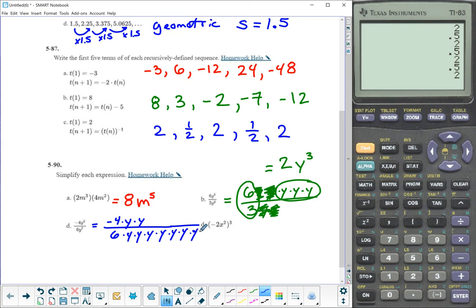Okay, and I'm going to go ahead and cancel my y's out. Okay, but 4 and 6, I can divide each of them by 2. Negative 4 divided by 2 gives me negative 2 left over. 6 divided by 2 gives me 3. Okay, and if you look here, I have 1, 2, 3, 4, 5 y's left over, which is on the bottom. So y to the fifth.